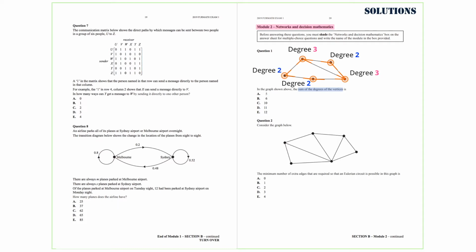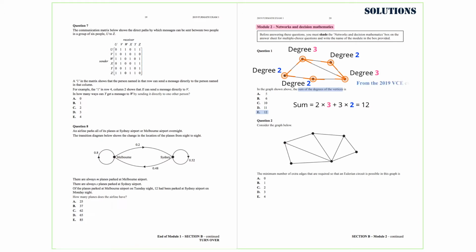So this graph has 2 vertices of degree 3 and 3 vertices of degree 2. Therefore, the sum is equal to 2 times 3 plus 3 times 2, which is 12. So the answer we are after is option E.